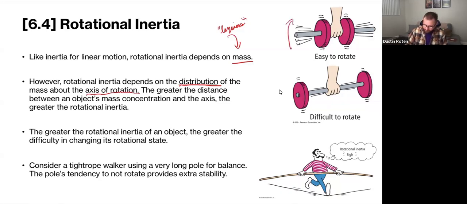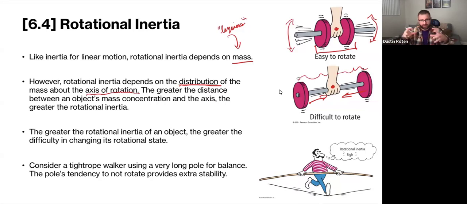The rotation is happening this way, which means our axis of rotation is in this person's fist, and they're trying to do this with these dumbbells. So notice that the mass is close to the axis of rotation here in this first example. But then in the second example, they're much further away. That's why it becomes difficult to rotate. So if you want something easy to rotate, you want to get your masses as close to the axis of rotation as possible. Otherwise, you're going to have a bad time.